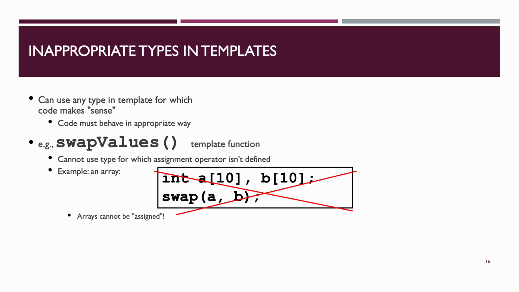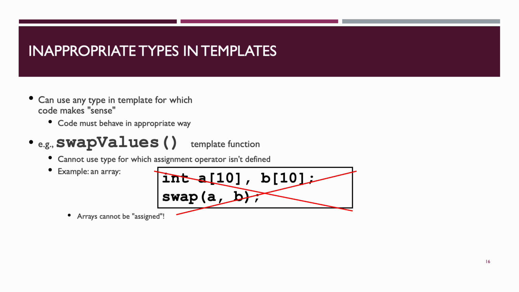Now there are some inappropriate types in templates. So we have to make sure the type is suitable. You can use any type in a template as long as the code makes sense and the type behaves appropriately within the template's logic. So here is an example. For instance, the swap values template function cannot be used with types where the assignment operator isn't defined.